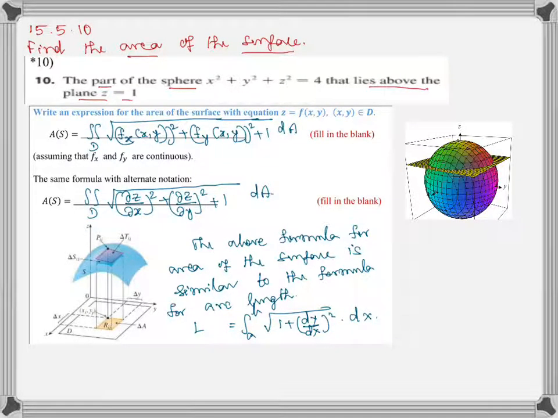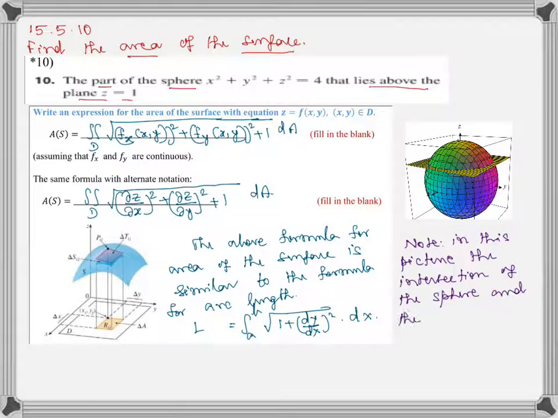We have a sphere and it is cut off by the horizontal plane z equals 1. Note, in the picture, the intersection of the sphere and the horizontal plane z equals 1 is a disk.